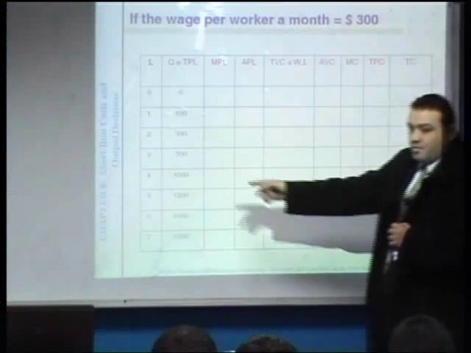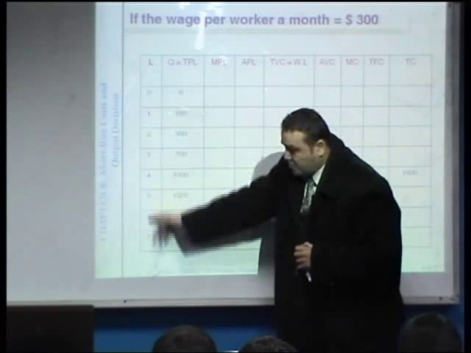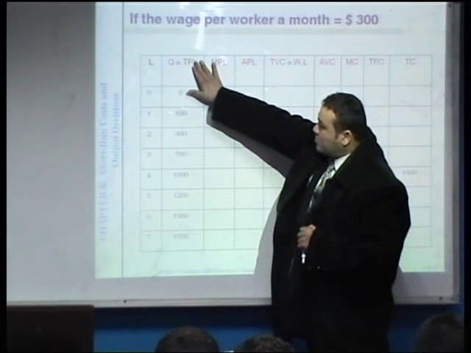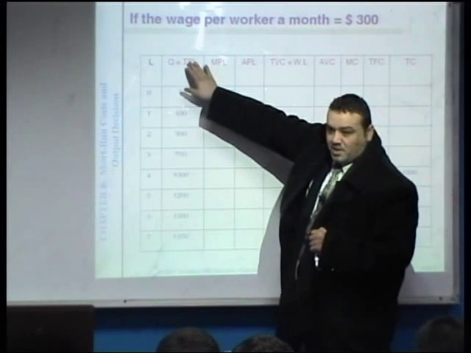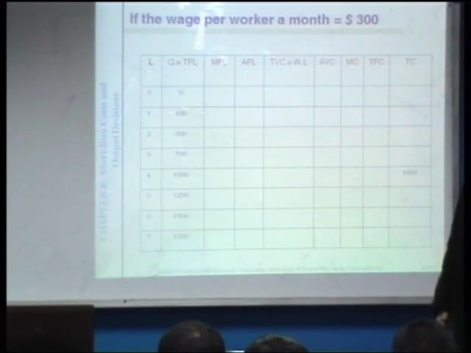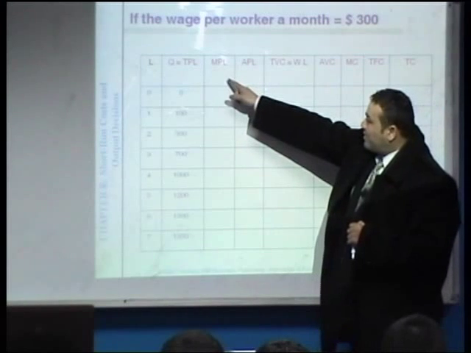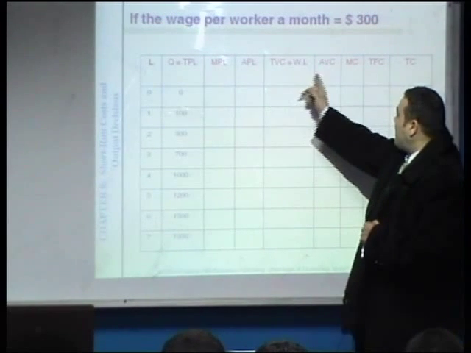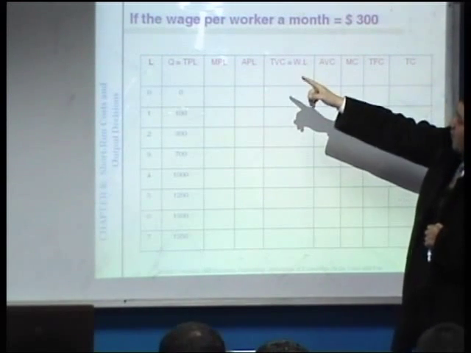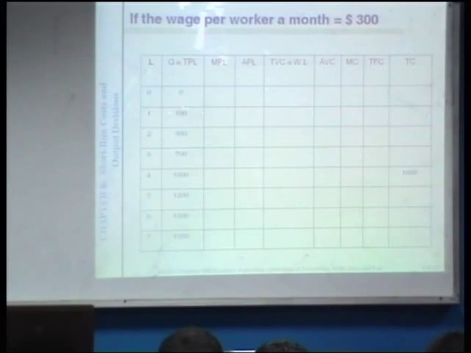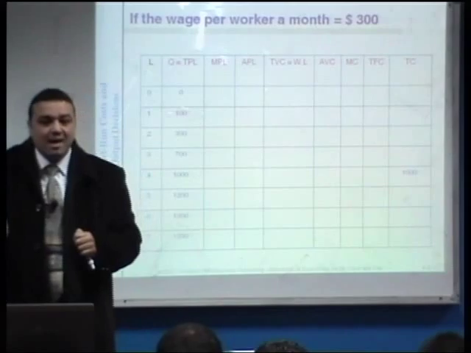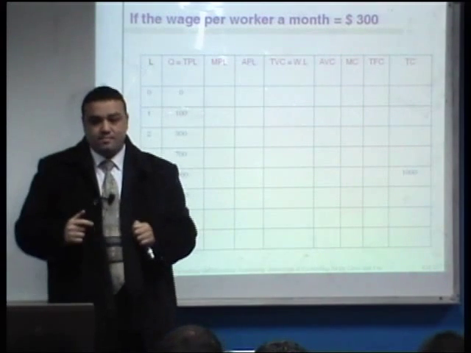L, the number of workers, is 0, 1, 2, 3 to 7. The quantity produced, or the total production. The question is: calculate the marginal production of labor, APL, TVC, AVC, MC, TFC, and total cost, if the wage per worker a month is $300. Suppose that the firm pays $300 per worker a month.